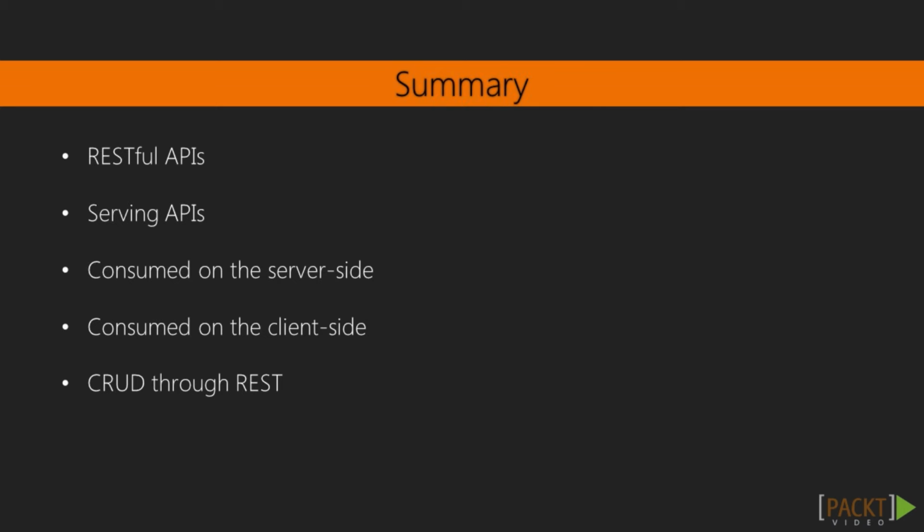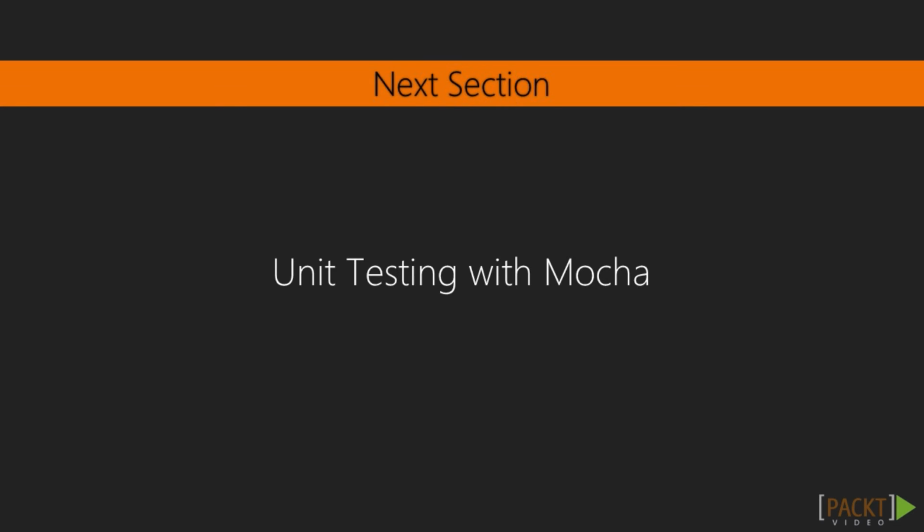We learned how to consume a REST API on the server using the API module, the native HTTP module, and the API REST client module. We learned how to document our API, and how to retrieve and manipulate data from an API on the client side. In the next section, we will learn about testing.